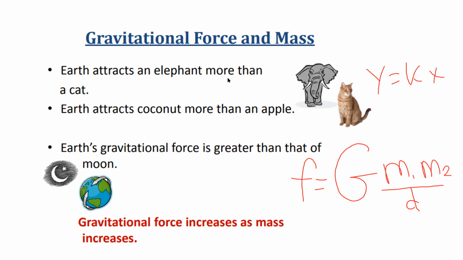The Earth's gravitational force is greater than on the moon. And we know, while we see the astronauts going on the moon, how they cannot walk as they do on the Earth. So this G is different from place to place, and it depends on the mass.